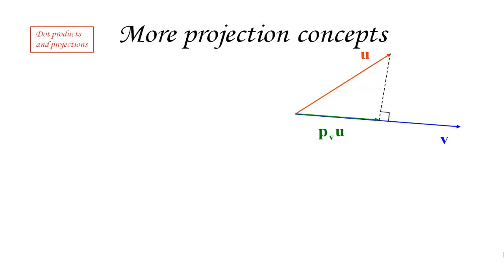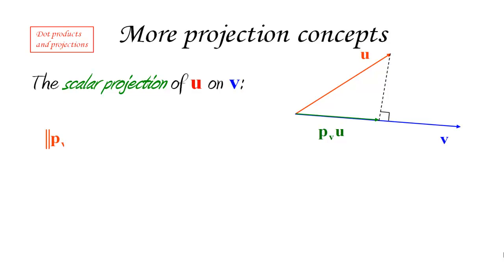There are a few more concepts related to the idea of a projection. First of all, we are going to use later on the idea of a scalar projection of u on v. What is that? Well, very simple. It's just the length of the projection. Okay, so the projection is a vector. The scalar projection is its length.